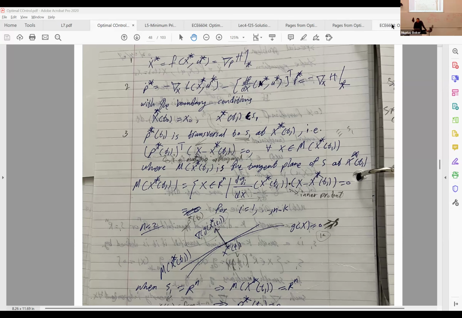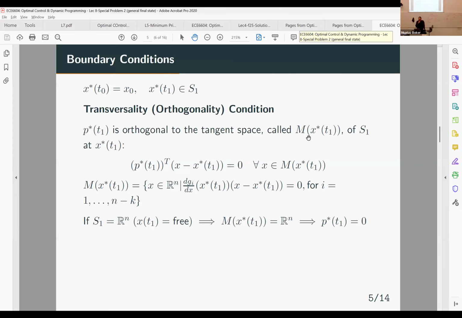So let me go back now. Yes, now I'm here. Okay, so that's the definition of the tangent, and that's the definition that we would like to solve for P of T1. If you go back to special case 1, we did not know the boundary conditions on P. We used the boundary conditions on the system, x at T naught and x at T1.